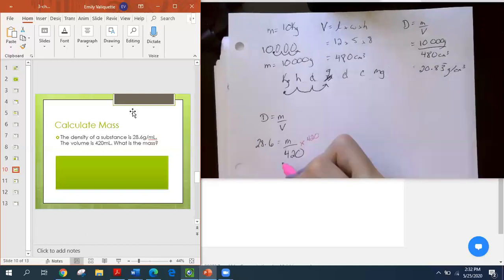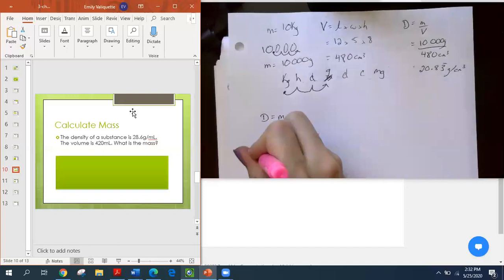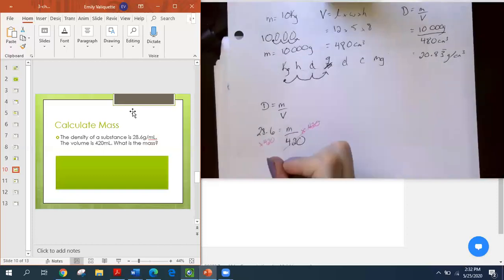That cancels out. What I do to one side, I must also do to the other, so multiply by 420. And then my final answer will just be 28.6 times 420. So it is 1,212 grams.